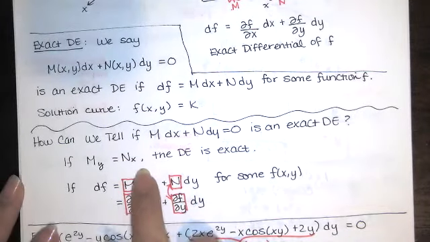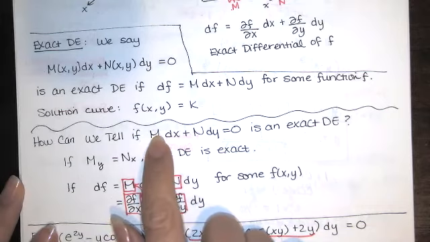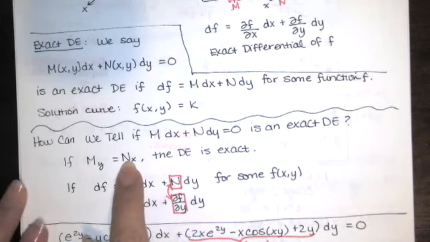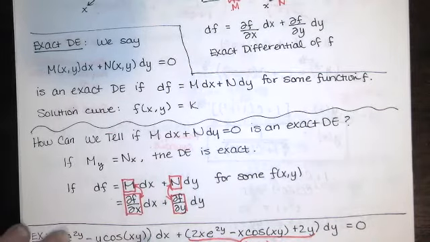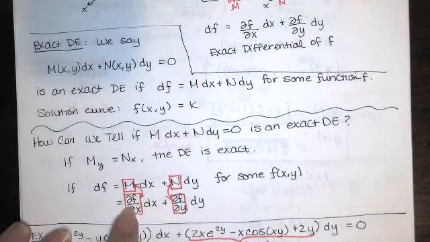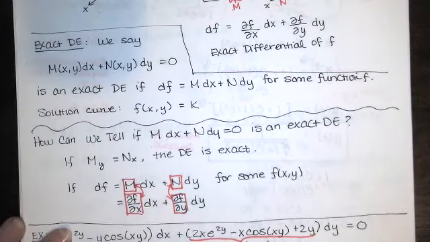You just check these two partials. Check the partial of M with respect to y and the partial of N with respect to x. If those are equal to each other, the DE is exact. And that means that there's some function out there for which M is the partial of f with respect to x and N is the partial of the same function with respect to y. We just need to find the function.